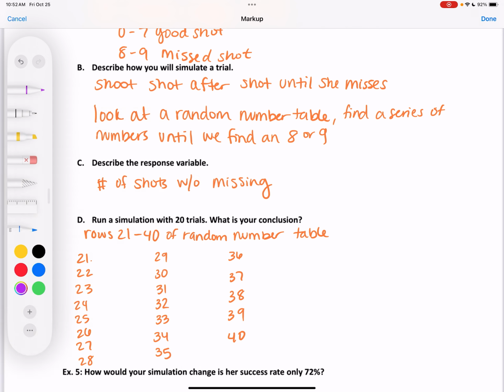I'm going to be using this to count until we get a miss. I'm going to pull the iPad away so you're not going to be able to see it. But just know, on row 21, however many we have, I'm just going to write that beside it, and then we're going to do a total and figure out the average as part of our conclusion.